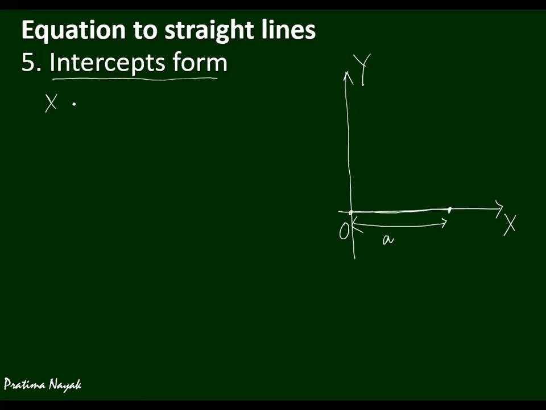So we say x-intercept is equal to a. This will be given, then only we can frame it. And your line is passing through the y-axis at a distance b from the origin. So y-intercept is b.